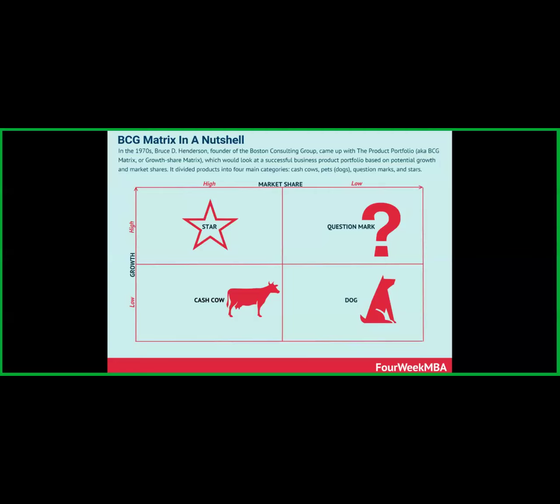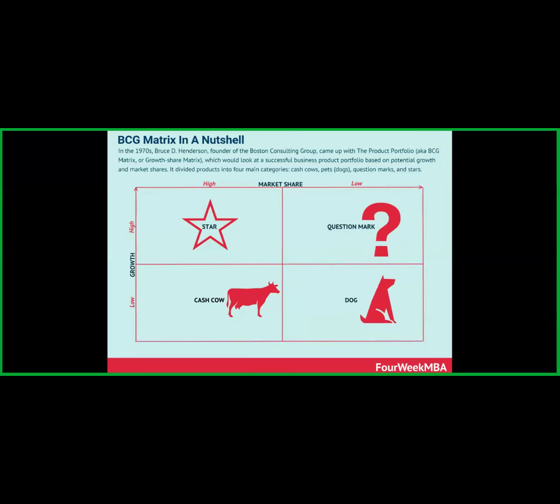And after investing also, we are not sure whether we will reap the benefits as we had calculated or not. That is why the question mark is there. So question mark is that particular product which requires huge investment for growth and whose market share is low. Those are the products that can be categorized under question mark.